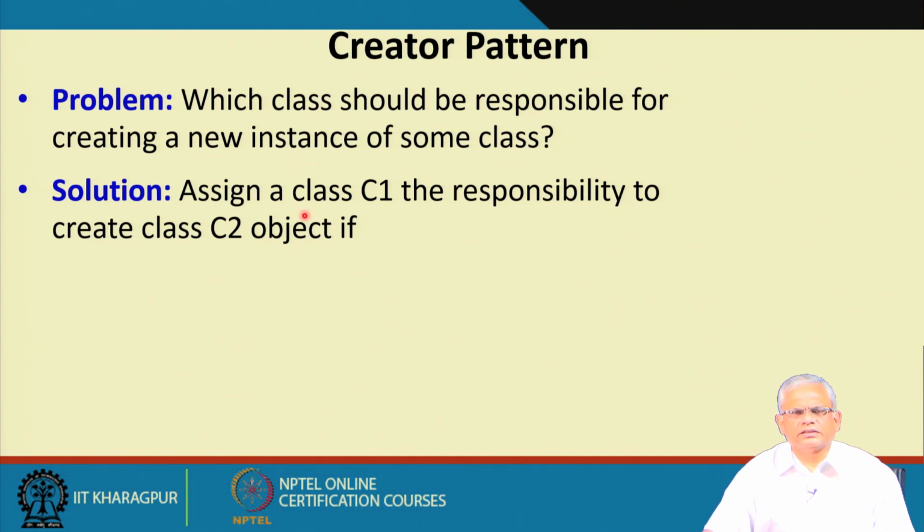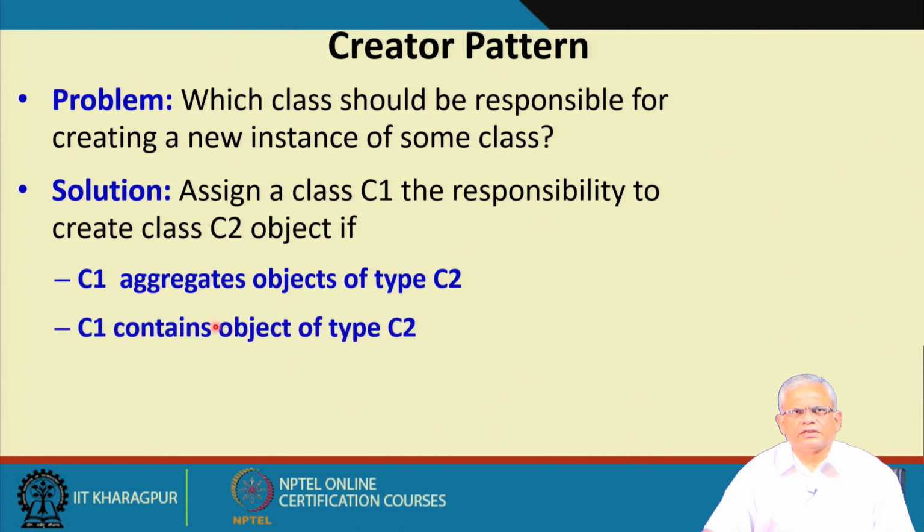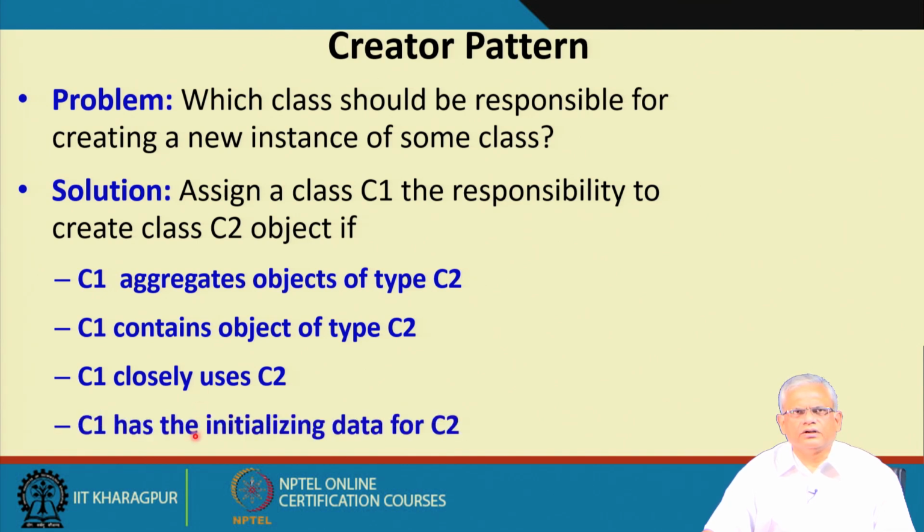We assign a class C1 the responsibility of creating an instance of class C2 if C1 aggregates objects of type C2, or C1 contains an object of type C2, which is a composition relation, or C1 closely uses C2, or it has data required for initializing an object of C2.